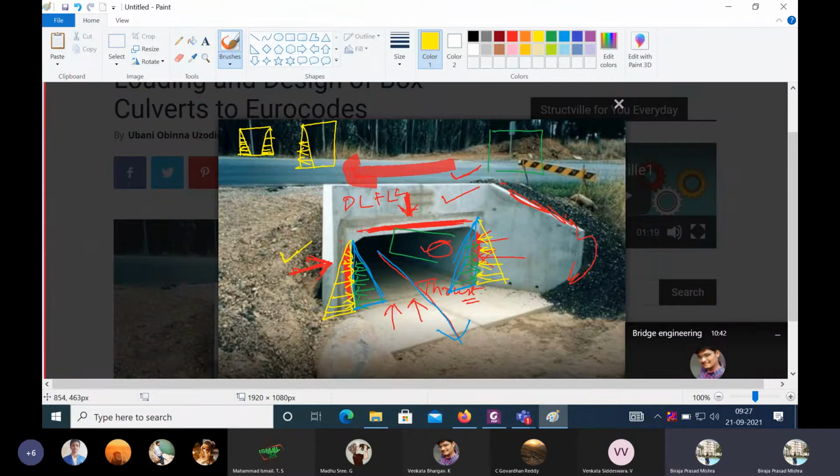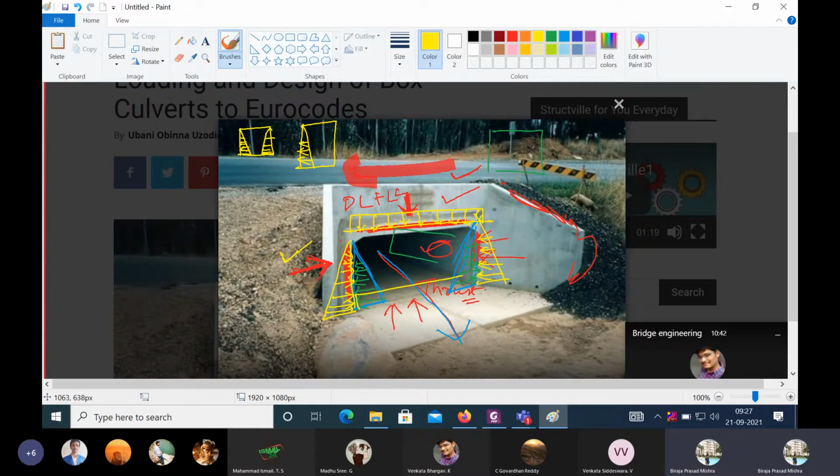And what about the dead load and live load here? The dead load and live load will act as a uniformly distributed load on the top slab.